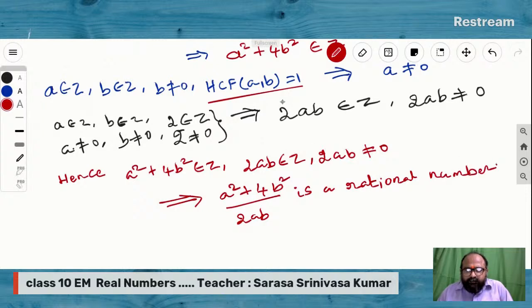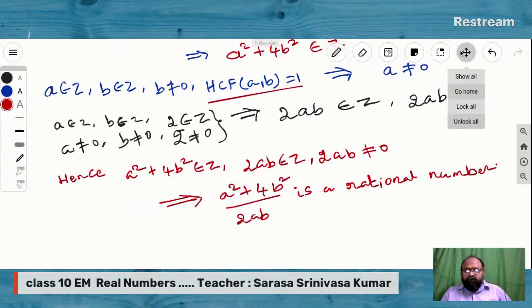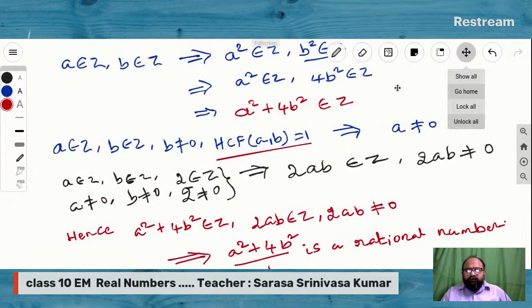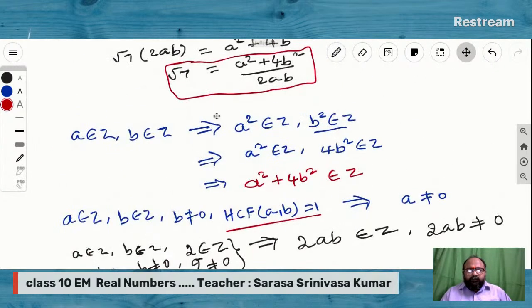That means the right hand side term: we have square root of 7 equal to a square plus 4b square by 2ab. We have this statement.